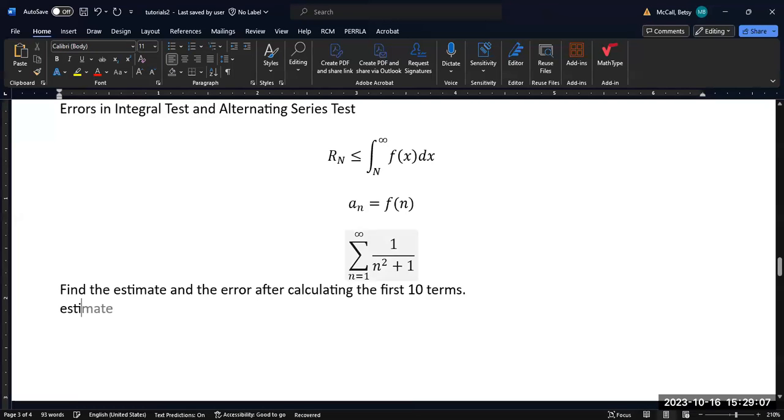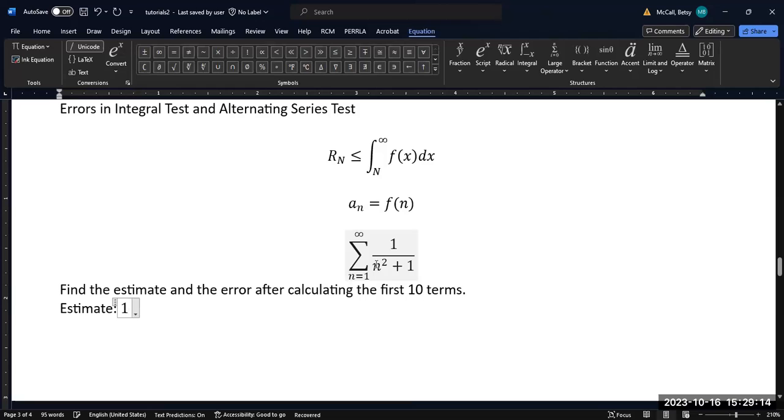So the estimate would be 1 over 1 squared plus 1, plus 1 over 2 squared plus 1, plus 1 over 3 squared plus 1, etc., all the way up to 1 over 10 squared plus 1.